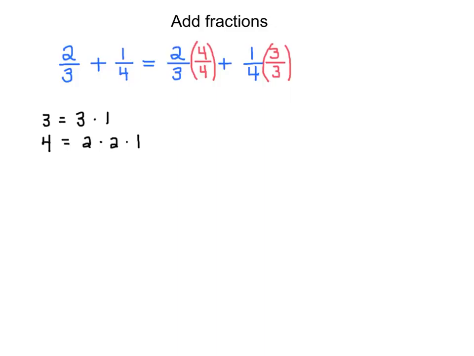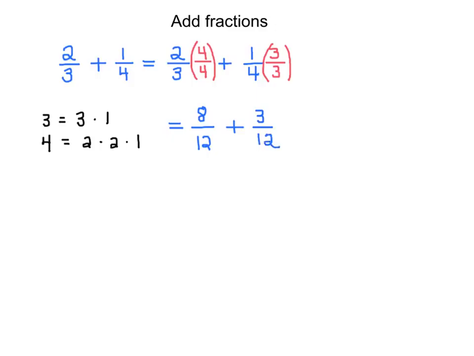So when we do this, what we get in the numerator of the first fraction is 2 times 4, which is 8. And then in the denominator, 3 times 4, which is 12. And then in our second product of two fractions, we have 1 times 3, which is 3, over 4 times 3, which is 12.